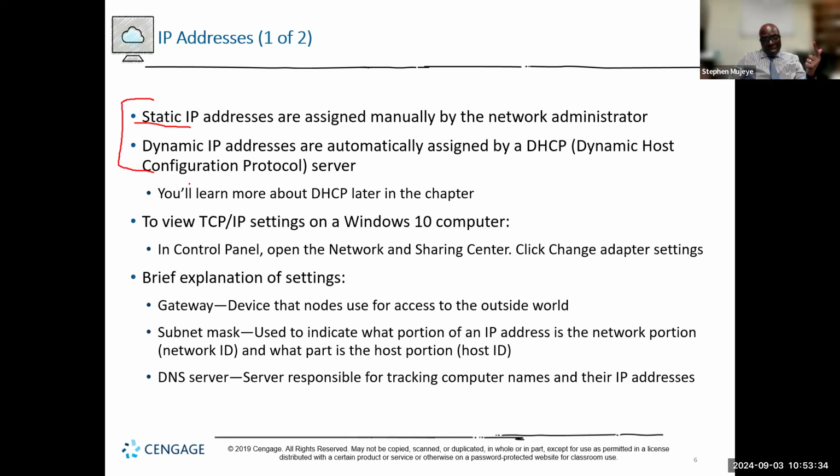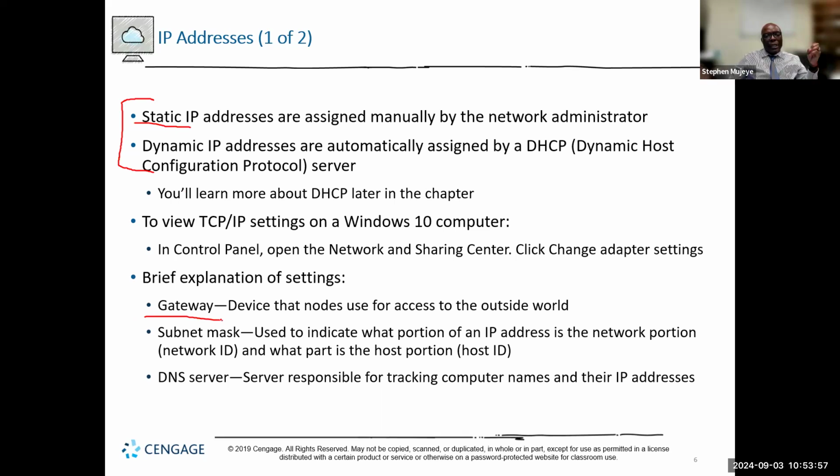You do need the IP address that we're talking about right now. But in addition to a device having its own IP address, it needs other IP addresses so that it can communicate with other devices. And we have a gateway here.